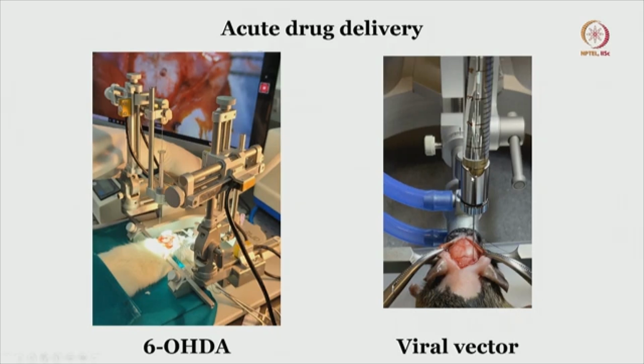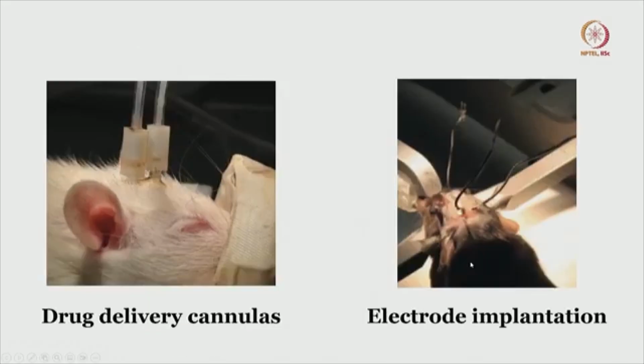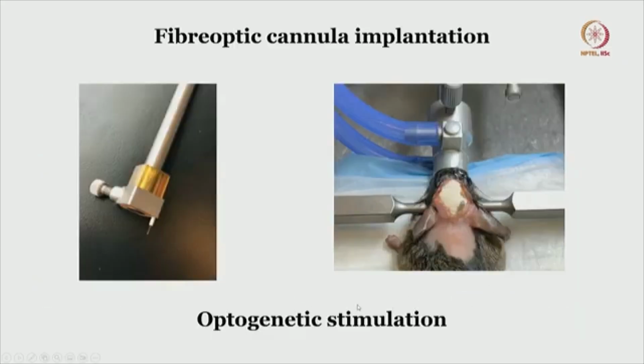So, please try to focus on the adapter that is being used and the tool that is going to be fixed onto these adapters, and of course the basic step of having a burr hole with suitable coordinates. These are examples of drug delivery cannulas and microelectrode implantations, and this is another example wherein optogenetic stimulation has been used, and what you are doing here is the fiber optic cannula implantation.